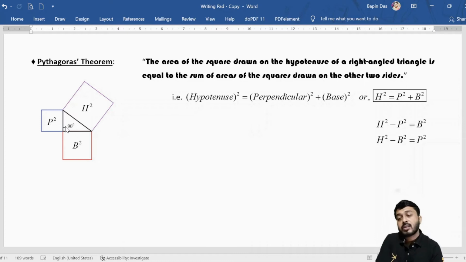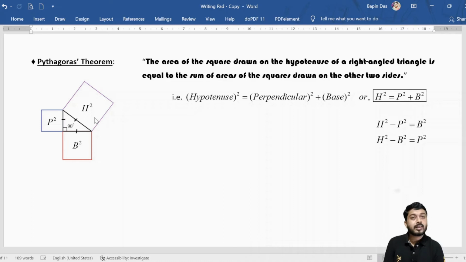You can see this angle is 90 degree, so this side is becoming the hypotenuse, this side is becoming the base, and this is becoming the perpendicular. So see, this is a square which is drawn on the hypotenuse. What's the formula for the area of a square?